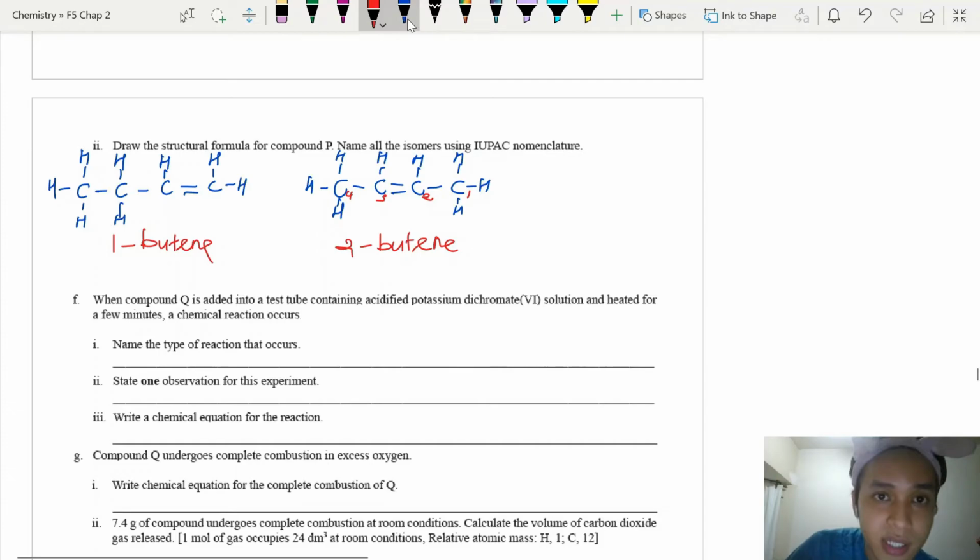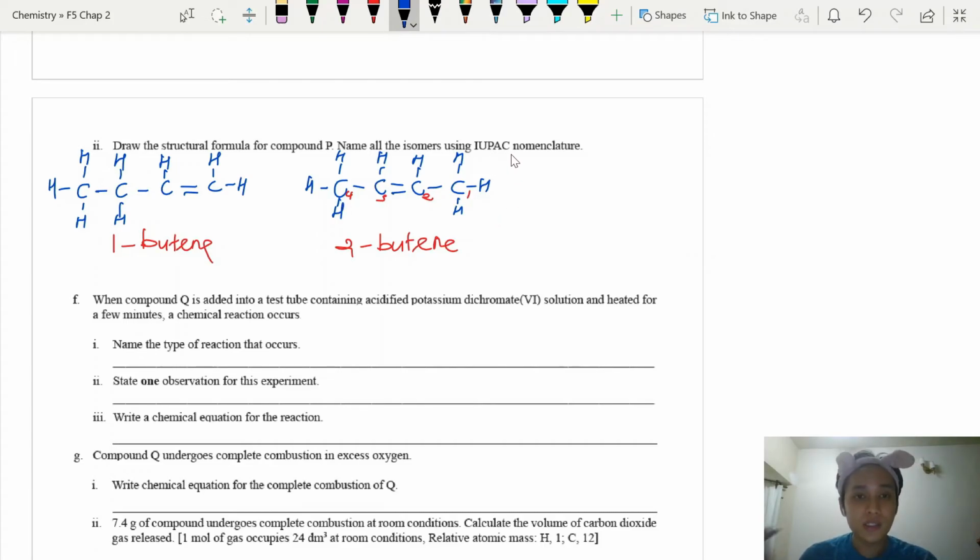This is your second isomer. Now if you shift the double bond again, this one will be the same as the first butene, or 1-butene. So I can no longer shift the double bond. Once you can no longer shift the double bond, you are going to reduce your longest carbon chain, so from 4 carbon chain, you change it into 3. That is normally how I draw my isomers, step by step.